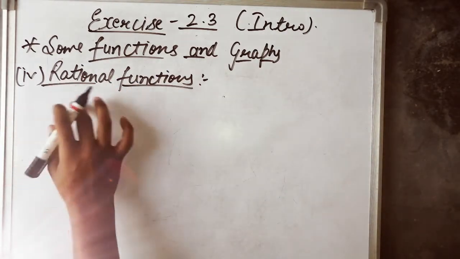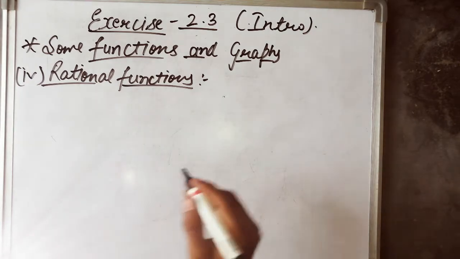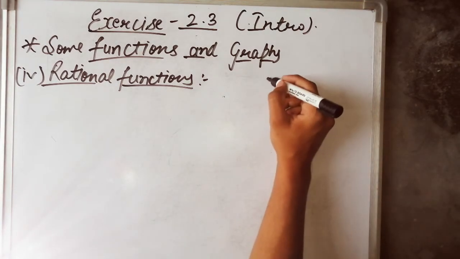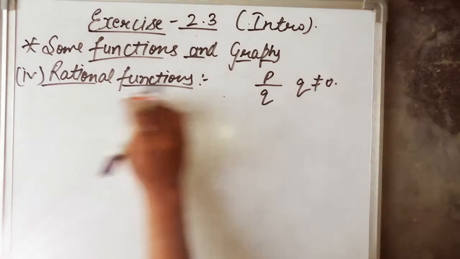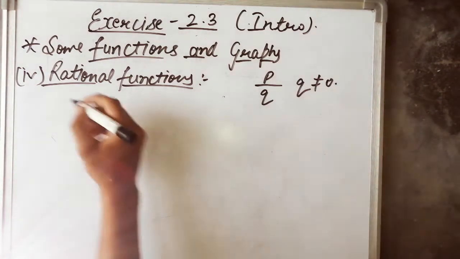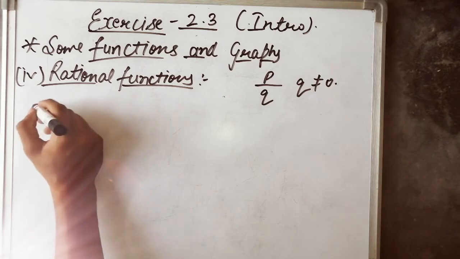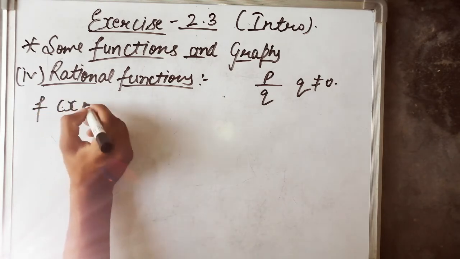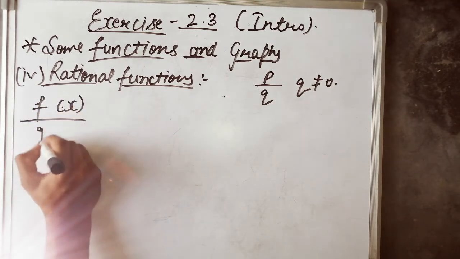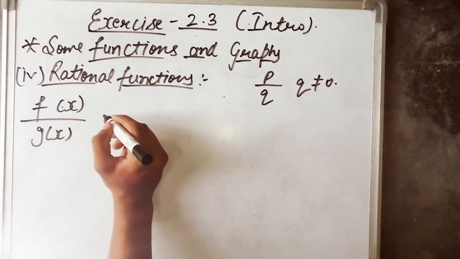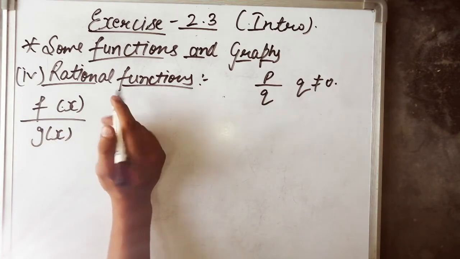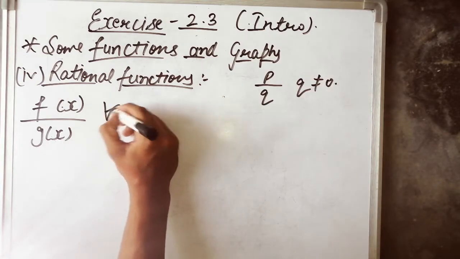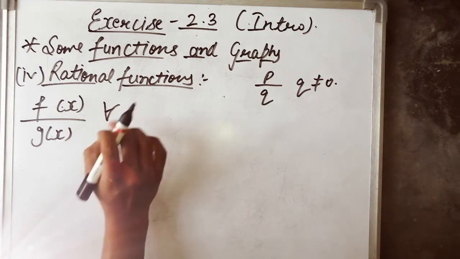Rational numbers are numbers in the form p by q, where q is not equal to 0. And the rational functions are functions of the type f(x) by g(x), where f(x) and g(x) are polynomial functions.